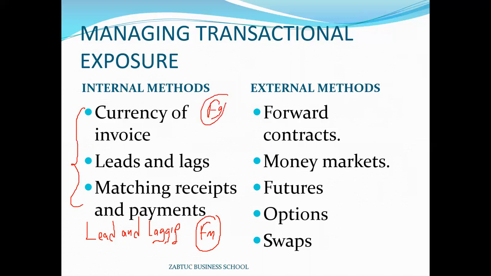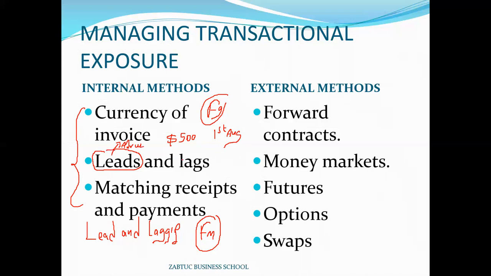But we can repeat, a lead is to make an advance payment. If somebody has invoiced you $500 now, and it says that you can pay me on 1st of August, and what you know is that on 1st of August the currency will be very expensive, you pay now, pay in advance, so that you take advantage of the cheaper rate now.